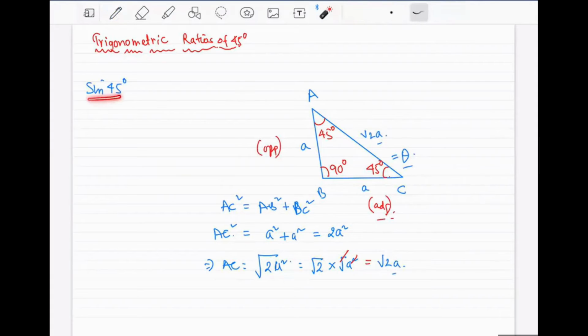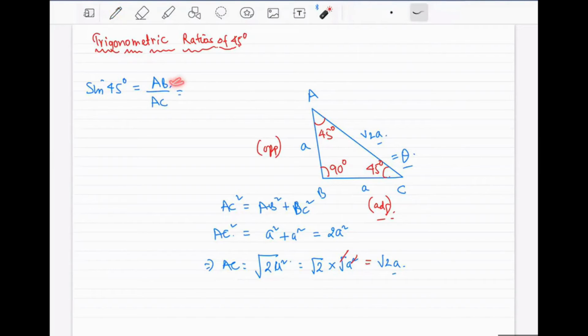Sine 45 degree, what's the formula for sine? Remember, it's opposite divided by hypotenuse. So sine 45 degree will be opposite by hypotenuse. Which one is the opposite? Opposite is this one, AB, right? So I'm writing AB here, divided by the hypotenuse, AC. You put in the values.